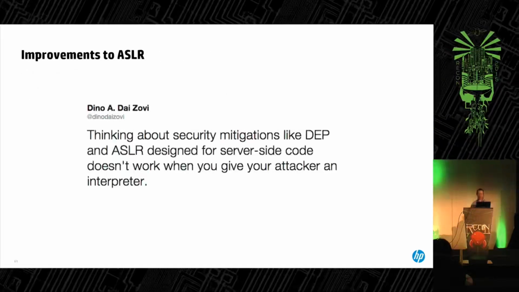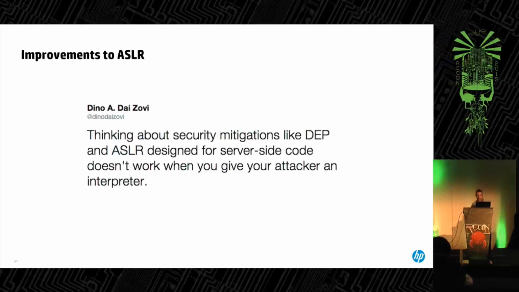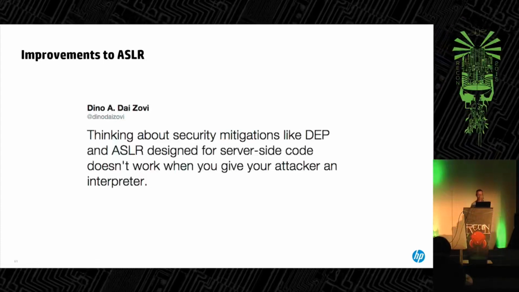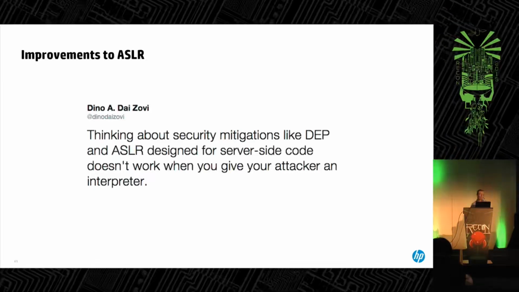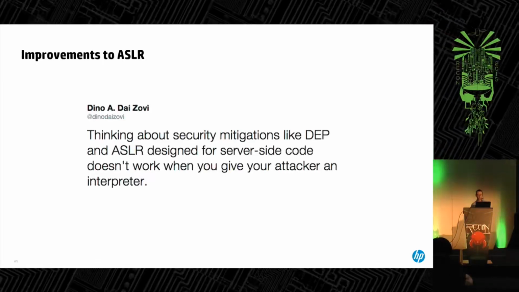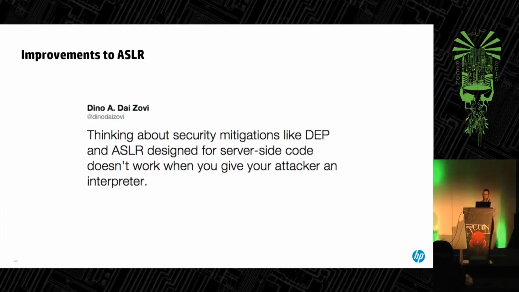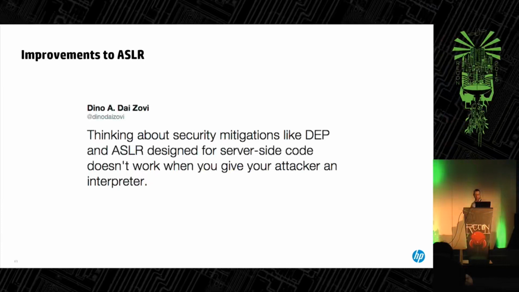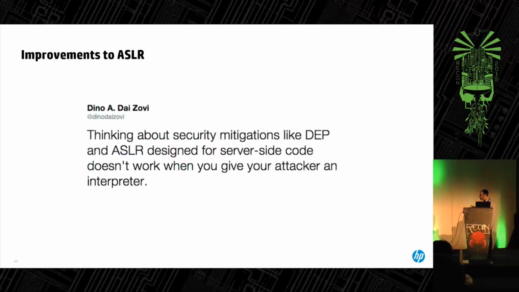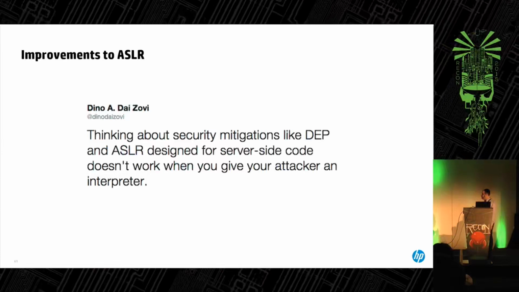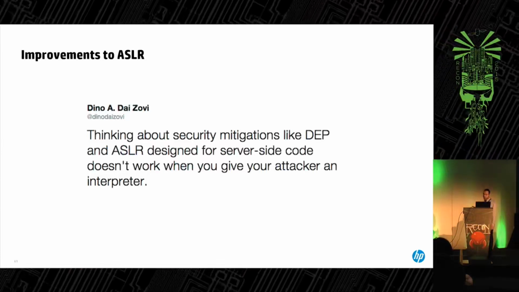Our next suggestion pertains to strengthening ASLR. Taking a look at how we got ASLR to fail, what you can notice is that the attacker was able to violate one of ASLR's assumptions by preparing the address space in a particular way. Dino Dai Zovi made a similar observation when he said, thinking about security mitigations like DEP and ASLR designed for server-side code doesn't work when you give your attacker an interpreter.